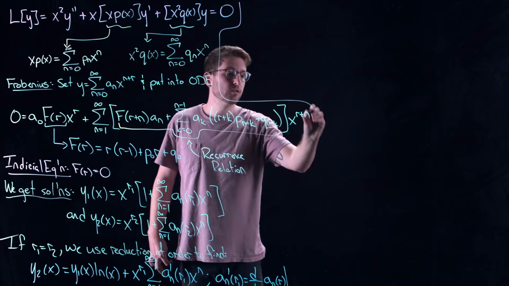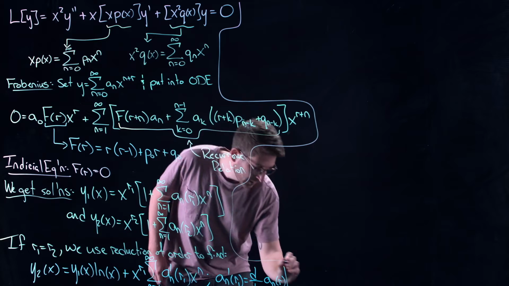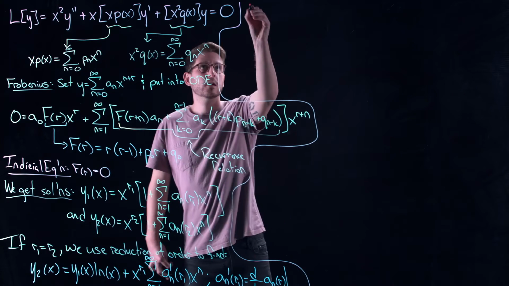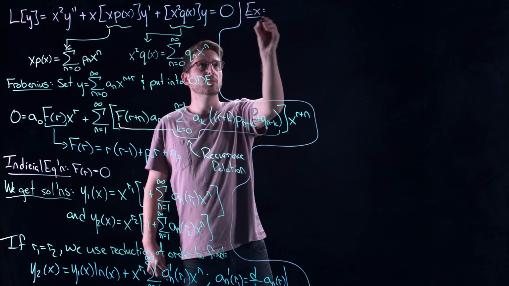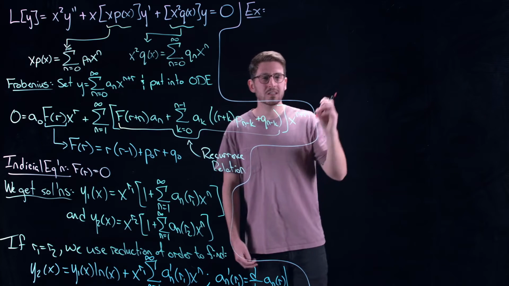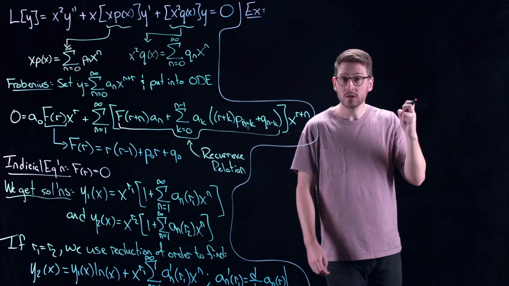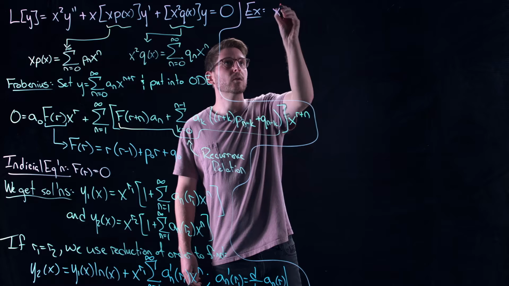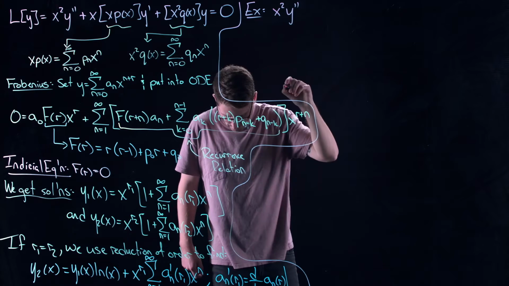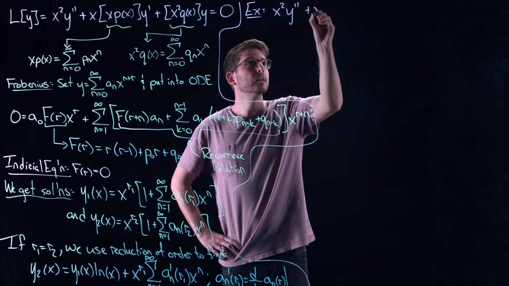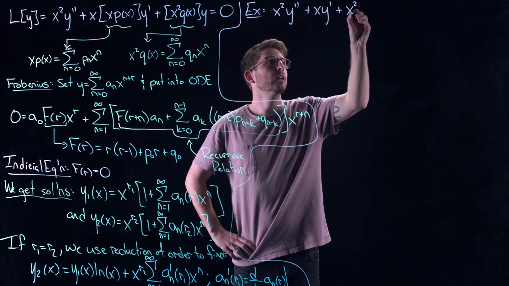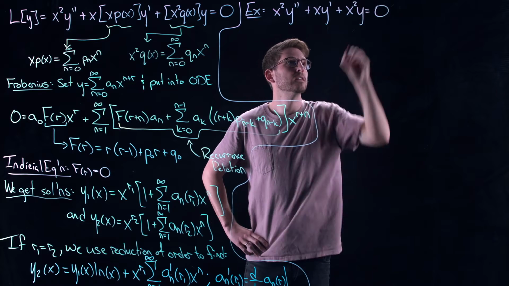So what I would like to do for the remainder of this video is consider Bessel's equation. And this is a particular parameter regime of Bessel's equation. So we typically refer to this as Bessel's equation of the 0th order. This is an equation that looks like x squared y double prime plus xy prime plus x squared y is equal to 0.